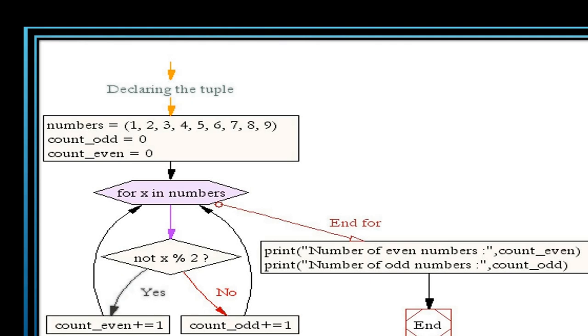If it is so, then you increase the even number variable by 1. If it is not so, then increase the count of odd numbers by 1. And we are printing the number of even numbers and odd numbers finally. And the flowchart is ended here. Program is ended here. Okay.